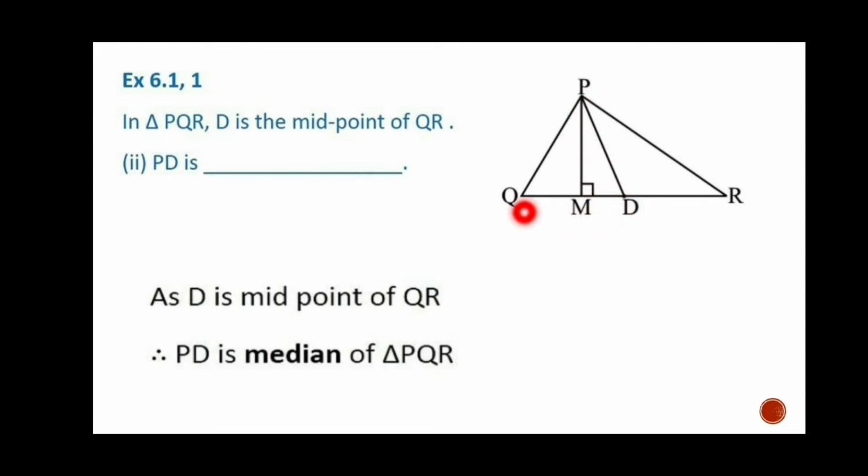We have seen that if D is the midpoint of QR, it means QD is equal to DR. So the line PD divides the opposite side QR equally, and hence we can say that D is the midpoint of QR and PD is the median of triangle PQR. So we will call PD the median.